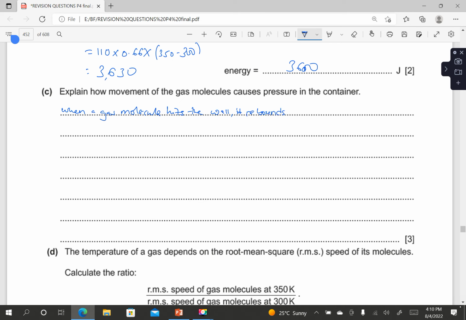When a gas molecule hits the wall, it rebounds. So it experiences a change in momentum, and it experiences an impulse.